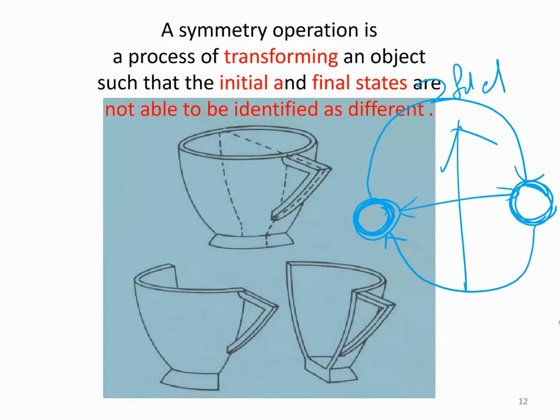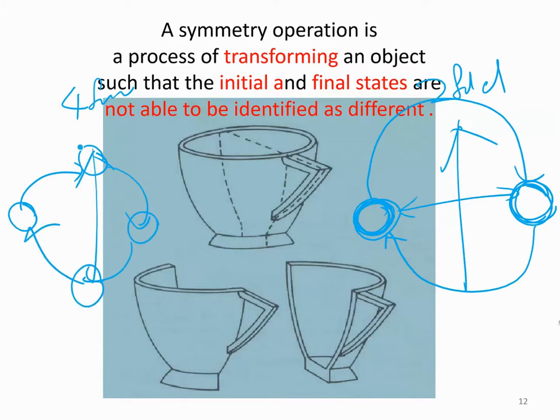Let's say for threefold or fourfold, fourfold will be easiest to draw. This one will go 90 degrees to here, and 90 degrees to here, and 90 degrees to here. So all these 4 lattice points or atoms will be considered the same.